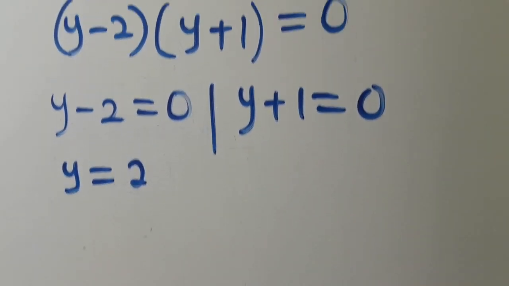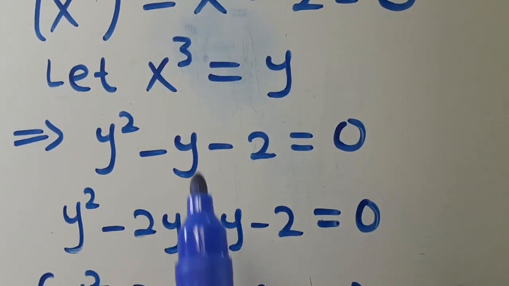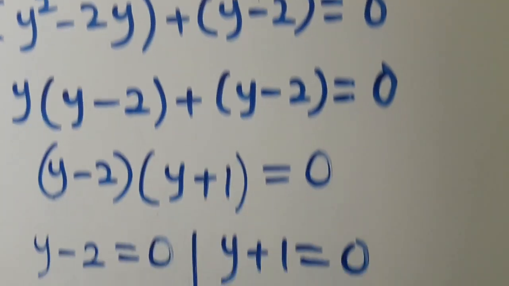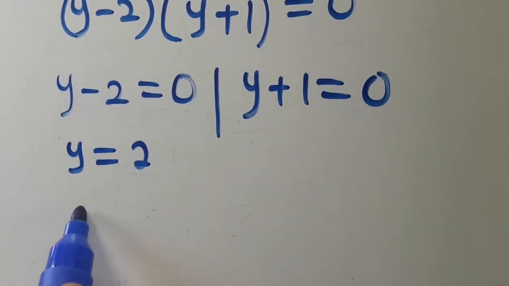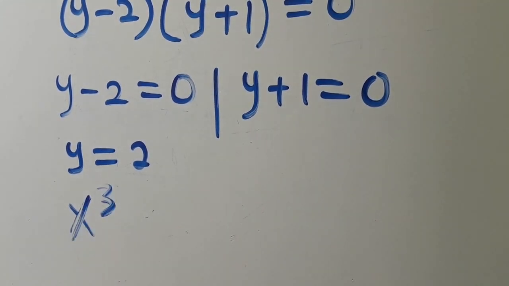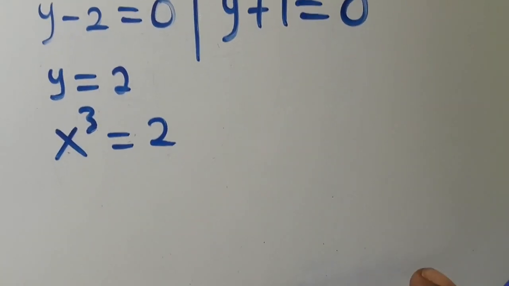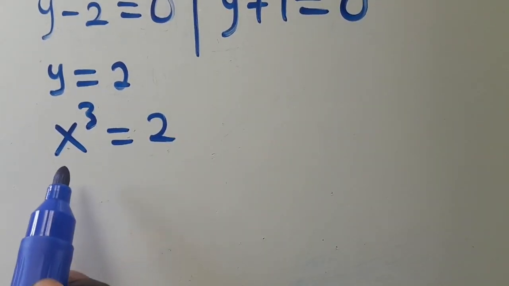Then mind you, from here, we have our y equals x to the power of 3. So definitely, we have x to the power of 3 equals 2. Then to get the value of x, we can take the cube root of both sides.